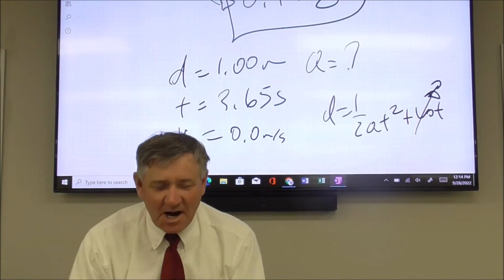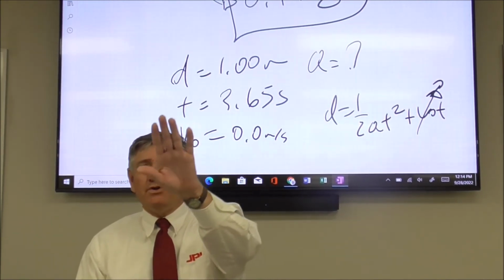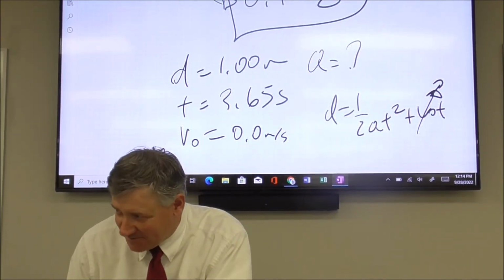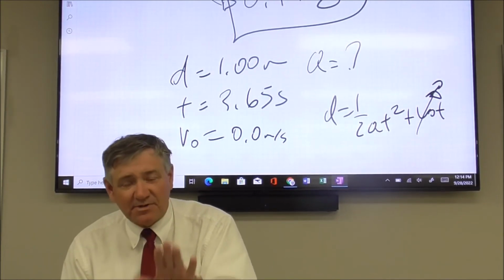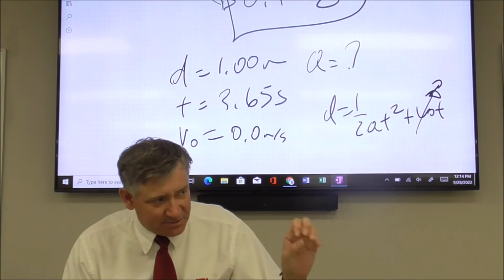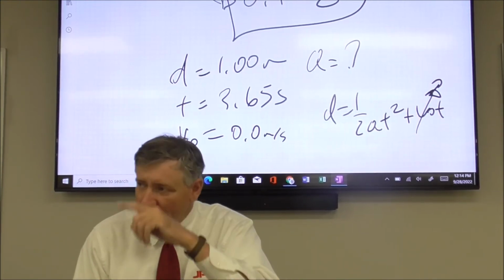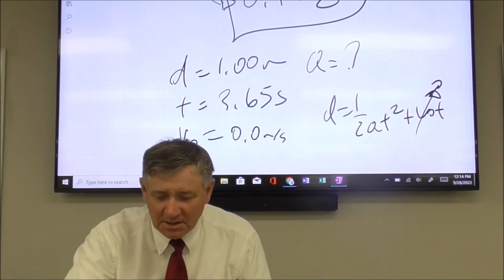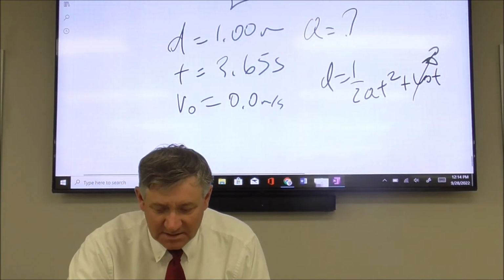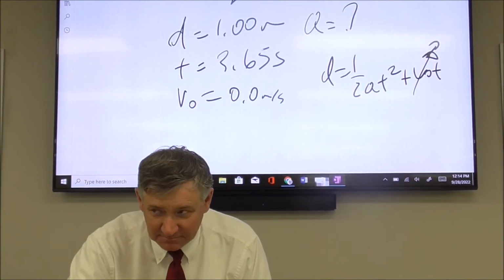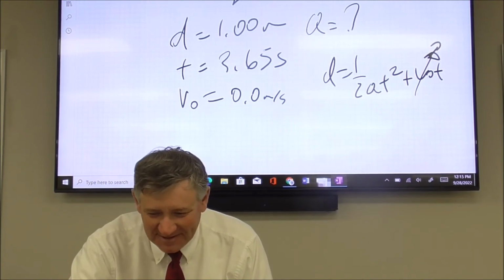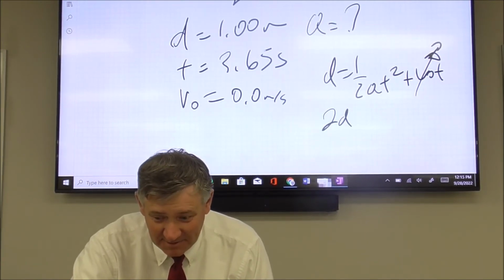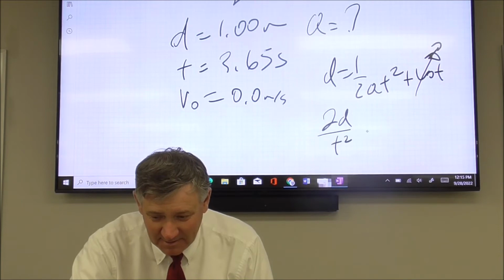So v naught times t is going to drop out. We're going to use this a lot to calculate acceleration, because acceleration is really tough to measure directly. This is a handy way to do it. To get acceleration by itself, what are you going to do? Solve for it: a equals 2d divided by t squared.